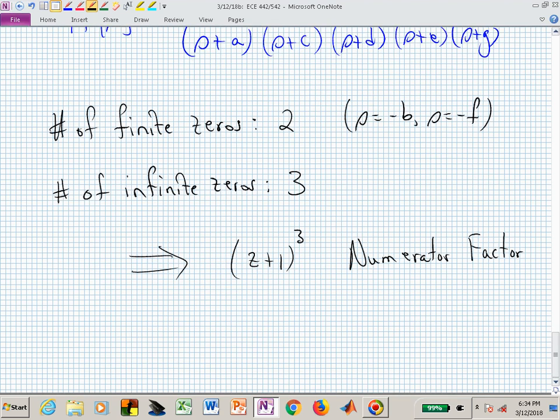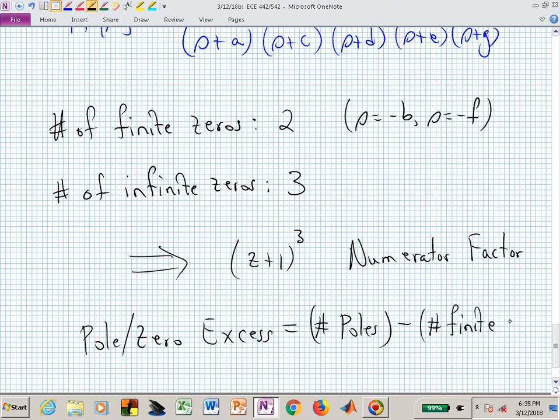The pole zero excess, and this is something that I would have barked at you all during 441A, 541A, was the pole zero excess, because it has a lot of meaning in that scenario.